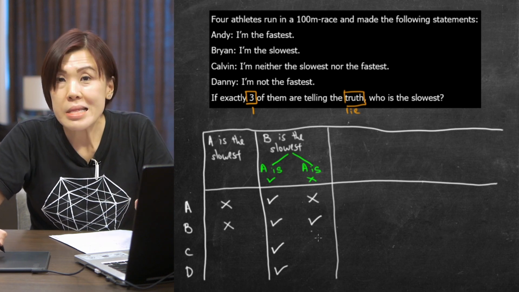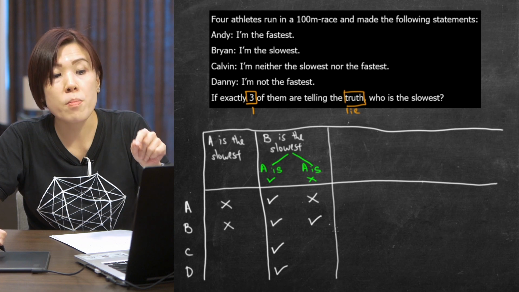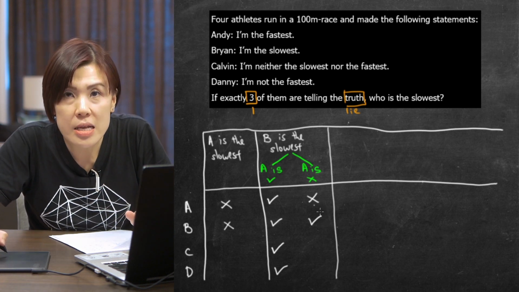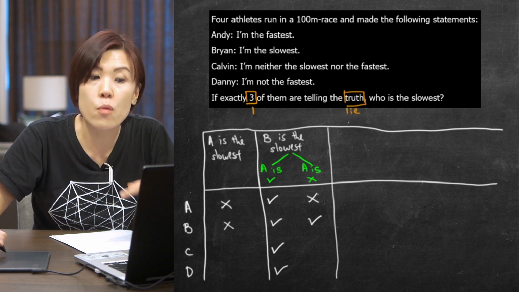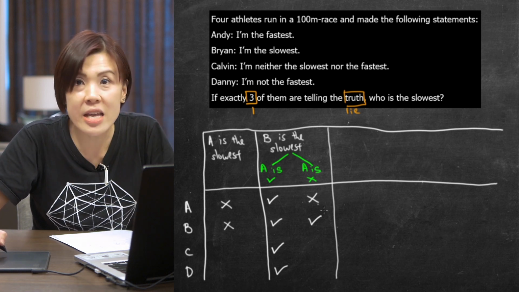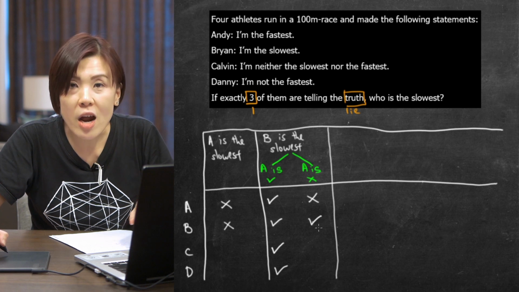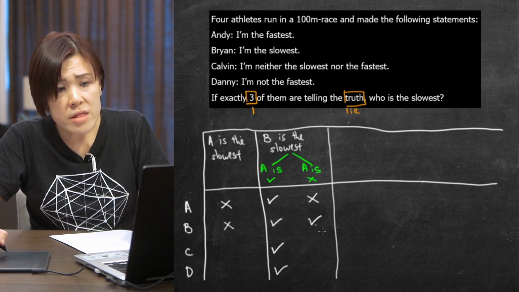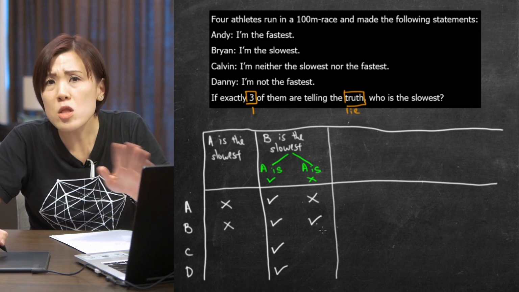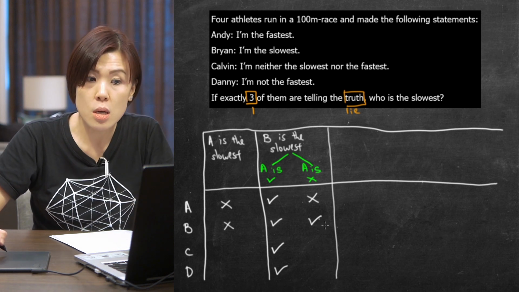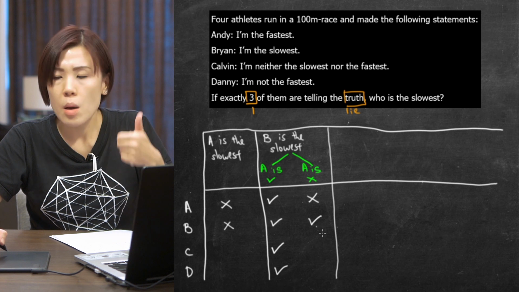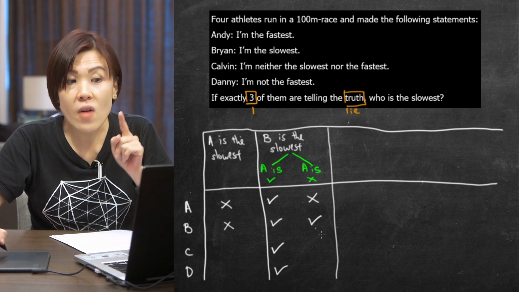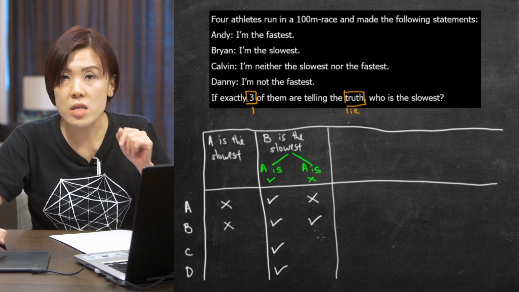So Andy is not the fastest and Bryan is the slowest. Bryan is also not the fastest, so the fastest has to be either Calvin or Danny.